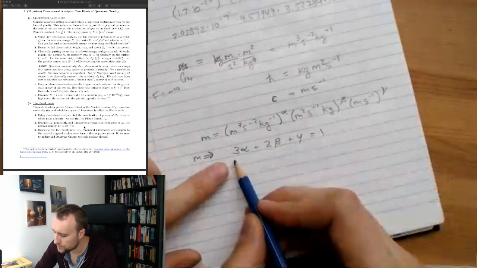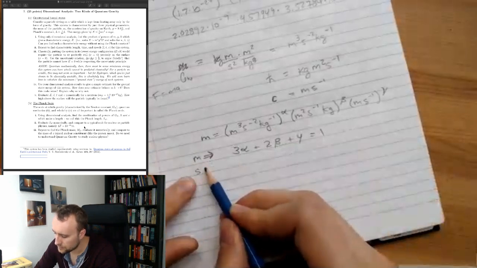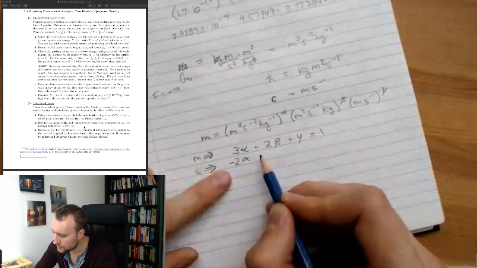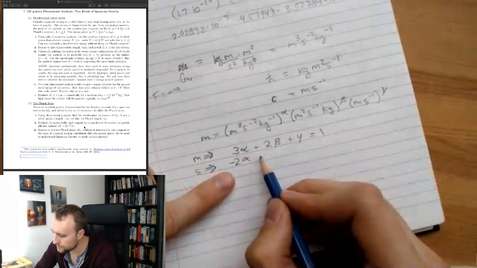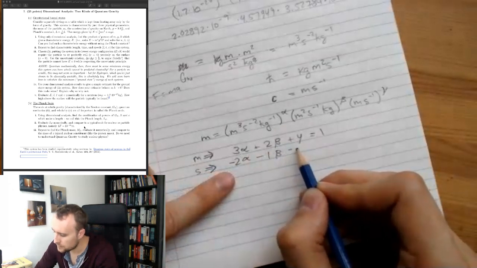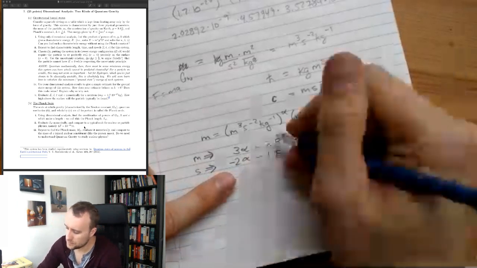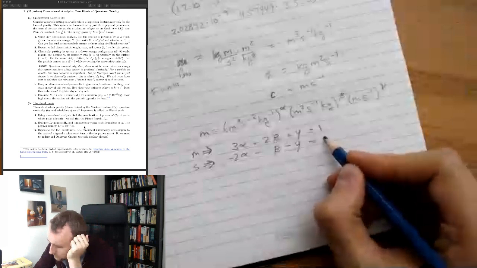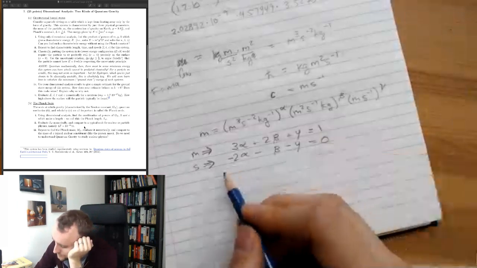And then for our second scale, we have minus 2 alpha minus 1 beta minus this. I'm just going to put this one here. This is equal to 0.